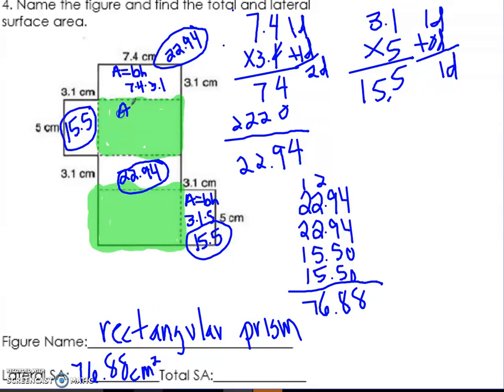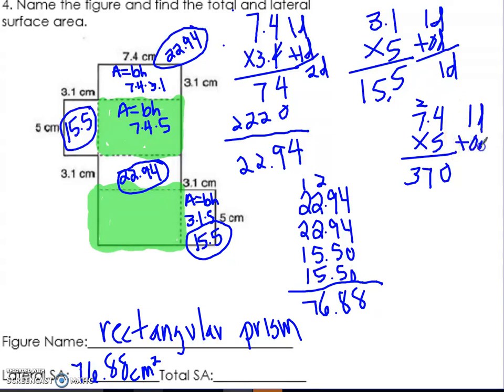Okay, then we have the bases. We have 7.4 times 5. 5 times 4 is 20. 5 times 7 is 35. Plus 2 is 37. We have 1D plus 0D is 1D. So we get 37 and 37.